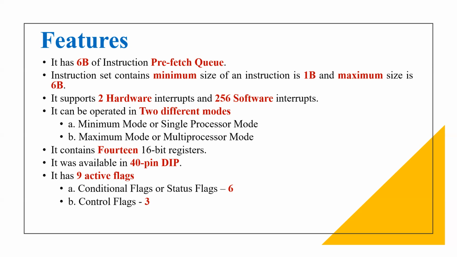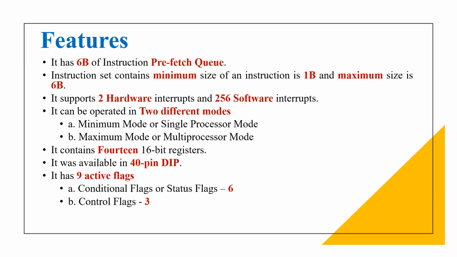That means to do each and every operation, there is a dedicated instruction, whether that operation is performed on a regular basis or an occasional basis. So the number of instructions present in the instruction set is more. In the 8086 instruction set, the minimum size of an instruction is 1 byte and the maximum size of an instruction is 6 bytes.